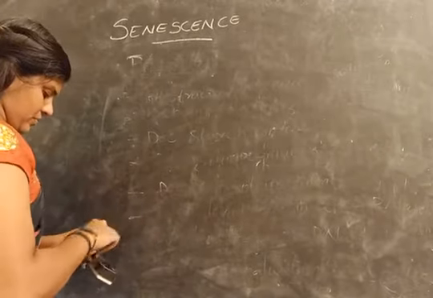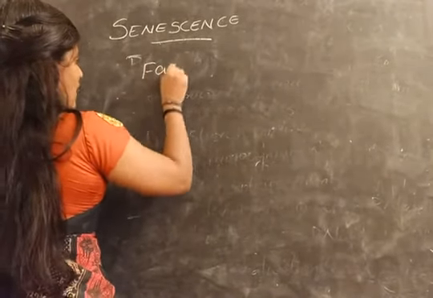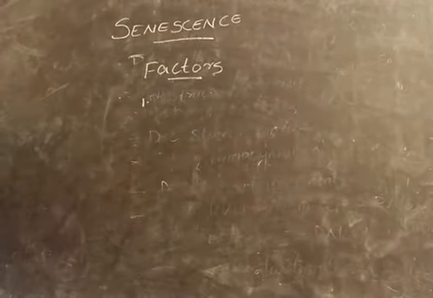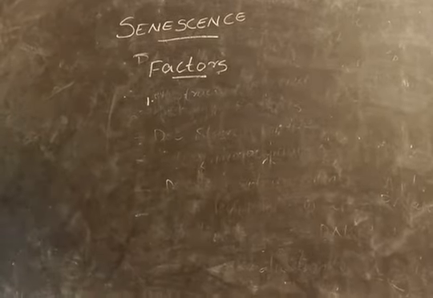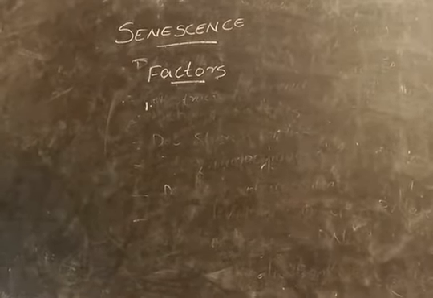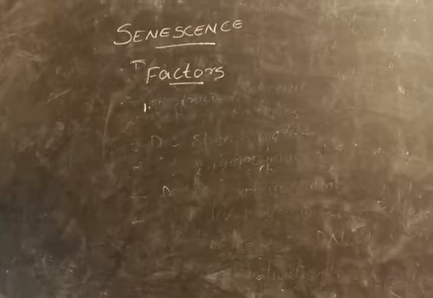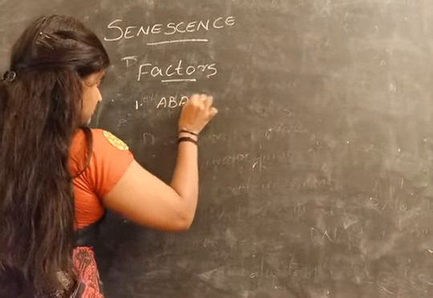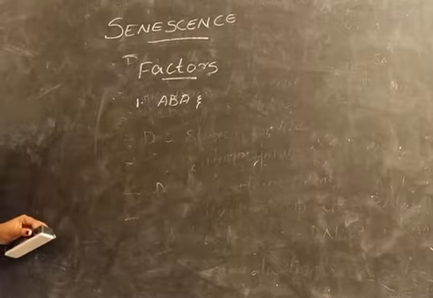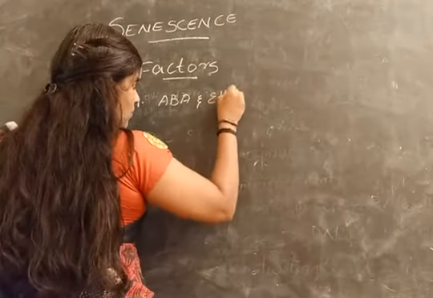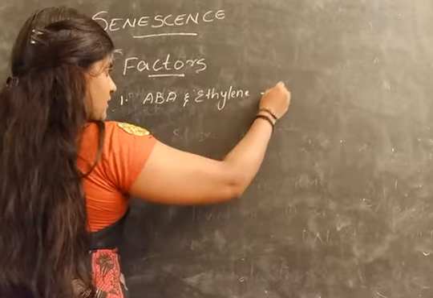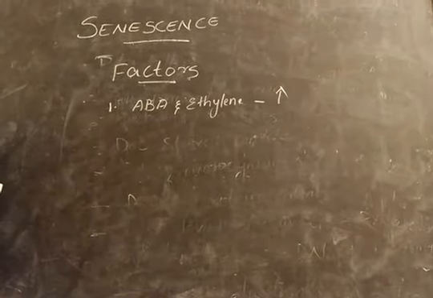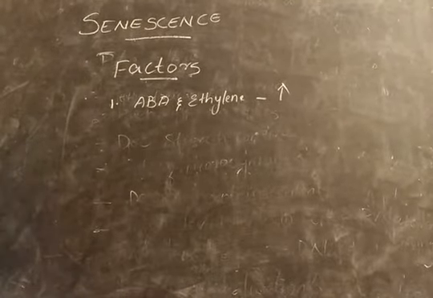Now, going through the factors affecting senescence. What are the factors affecting senescence? The phytohormones like ABA and ethylene accelerate senescence, while auxin and cytokinin retard senescence.